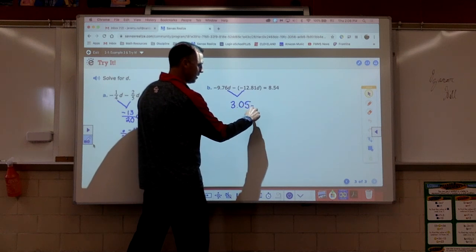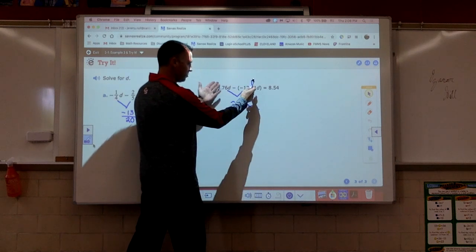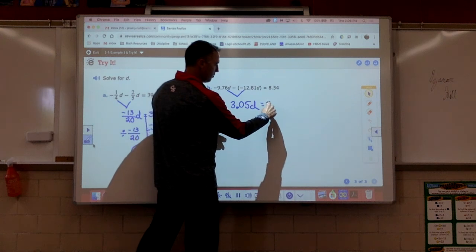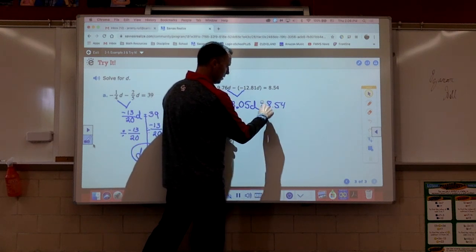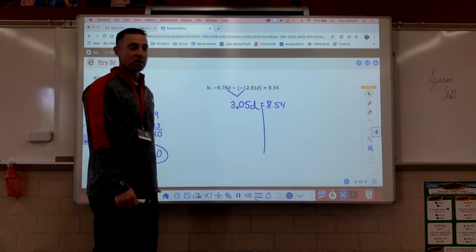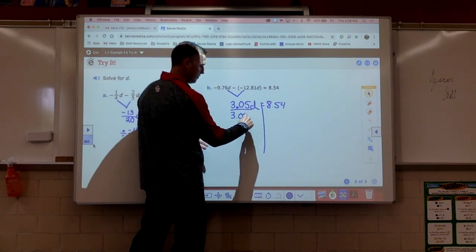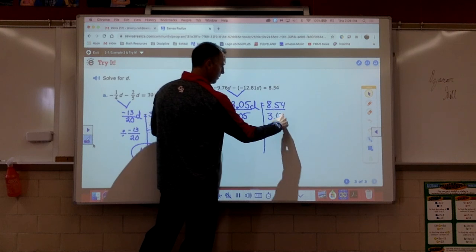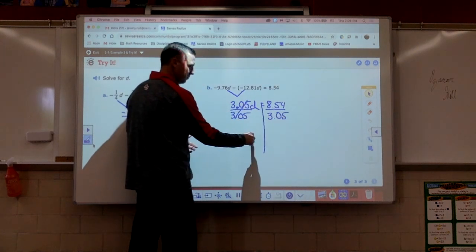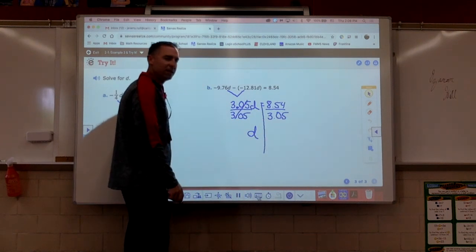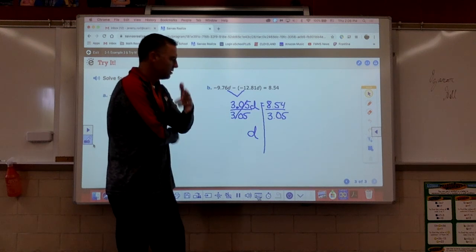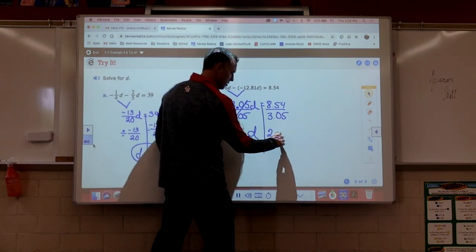So those terms combined equal 8.54. Once again, solve using inverse operations. It seems like we're dividing a whole lot. We always divide by that coefficient. The value of d equals 2.8, 2 and 8/10.